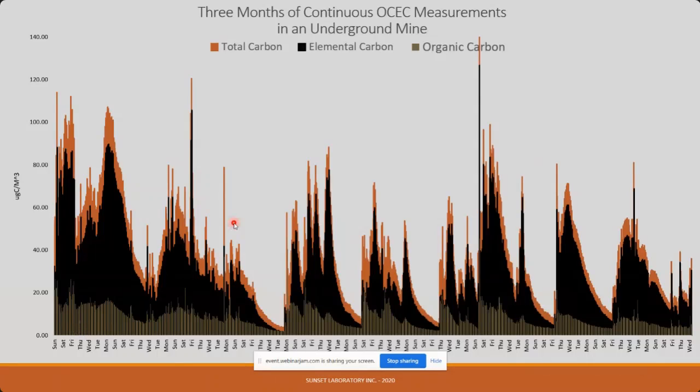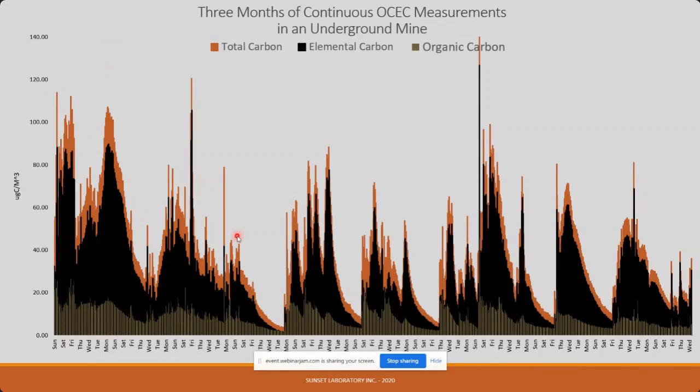So not only can we give a small resolution in 1 minute black carbon, we can also do extremely long data sets. This is a 3-month campaign in an underground mine, looking at high concentration OCEC and how it changed throughout this mine.